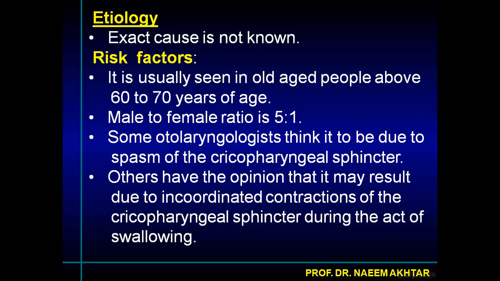It is more commonly seen in males as compared to the female, and the male to female ratio is 5 to 1. Some ENT surgeons think that it is due to the spasm of the cricopharyngeal sphincter, whereas other otolaryngologists have the opinion that it may result due to uncoordinated contractions of the cricopharyngeal sphincter during the act of swallow.